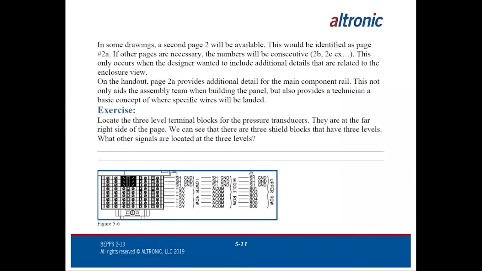And then finally, the upper level, still a shield block at this end, but these numbers are 801 through 806. So if anybody's very familiar already with 0 to 5 volt pressure transducers commonly found in the Ultronic panels, you can kind of guess that this is a terminal block assembly for pressure transducers.